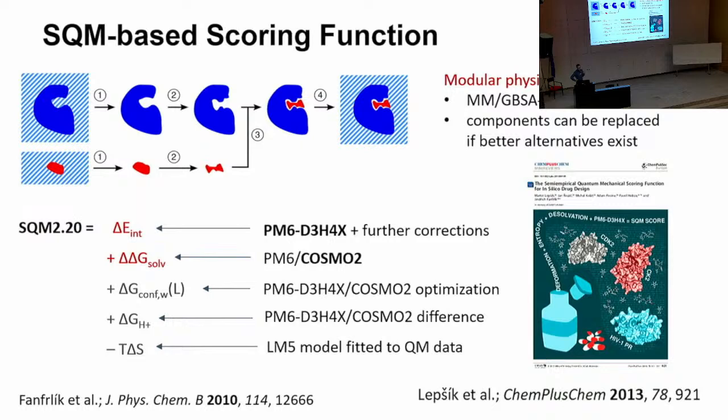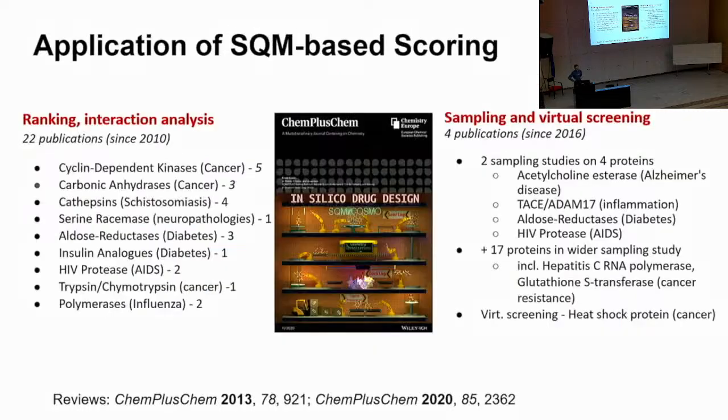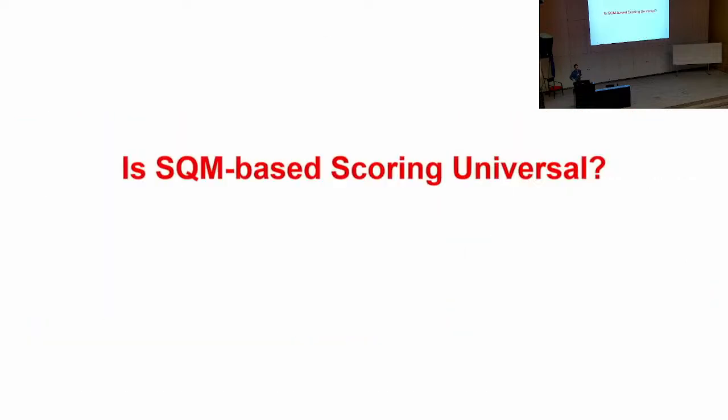And with such a scoring function, we designed it in 2010, and since then we have used it in many targets. They are listed here, and in this review it's described. But the trouble is that we have always used one version and then went to another project.